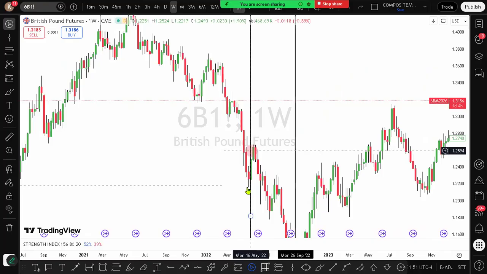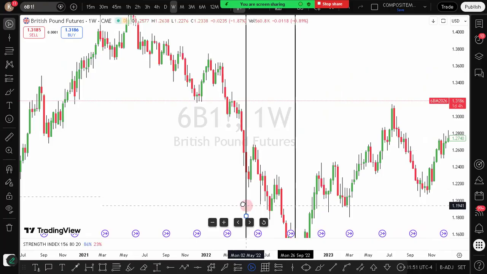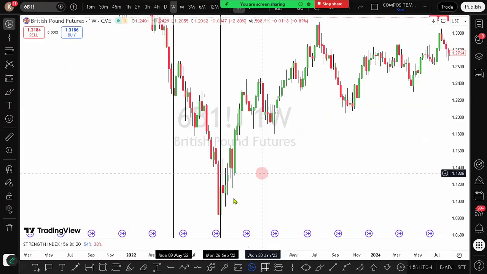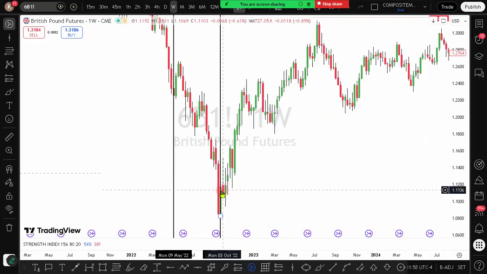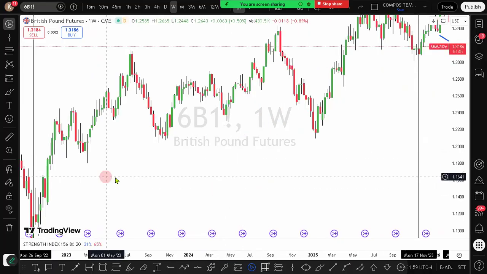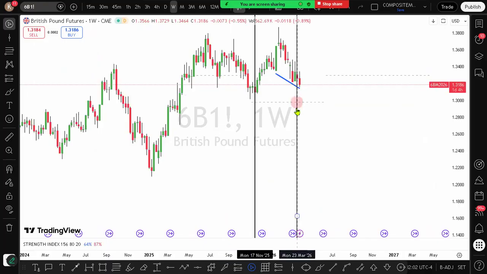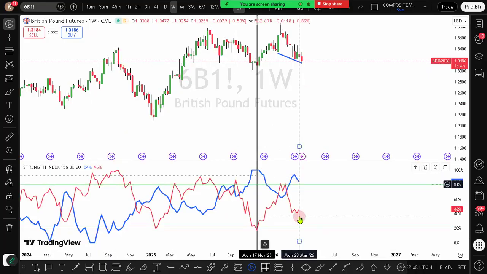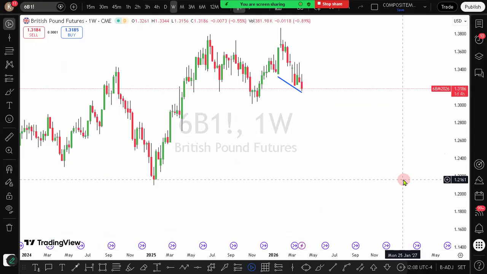Here, look at that, 2 weeks. There's 2 green candles there, 2 weeks. Heavy buy position, and this was during 2022. Here as well, and here we're looking forward for the same thing to happen. Are you getting that? So to me, that's a complete bullish bias in this case.